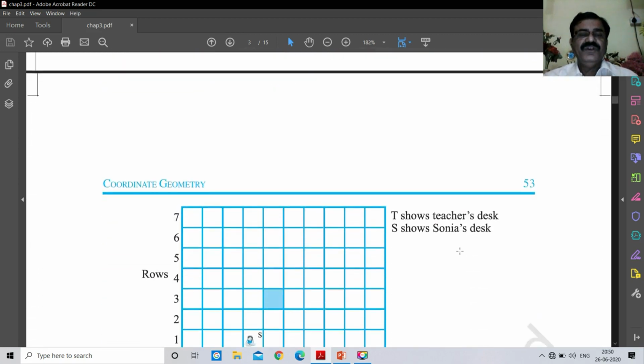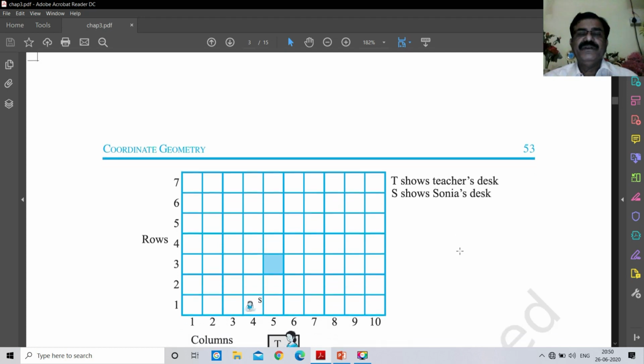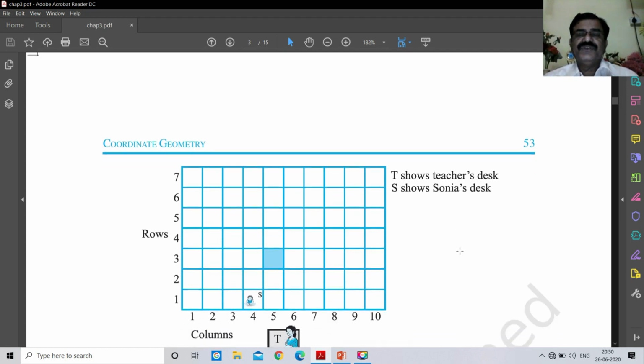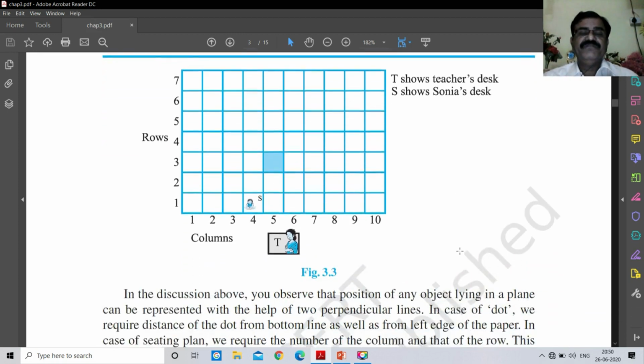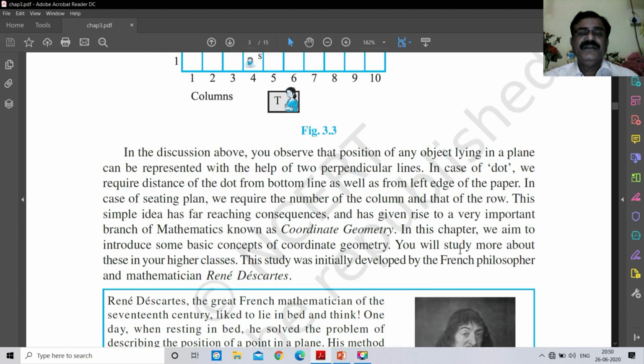Now you see, T shows the teacher's desk, S shows Sonia's desk. There are some examples shown on graph paper.